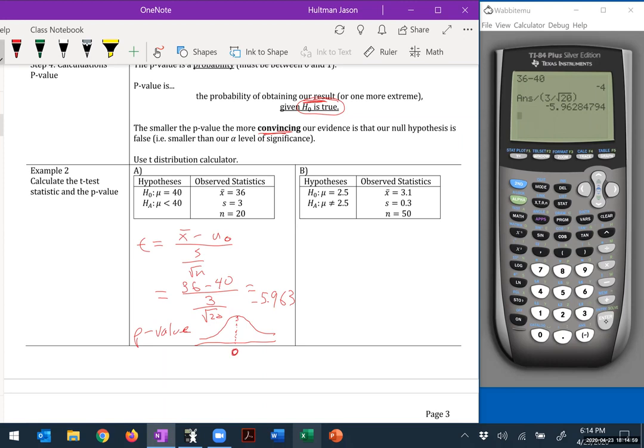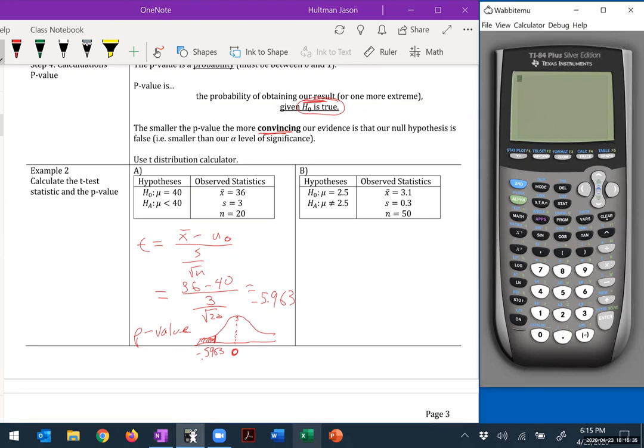We turn this into a standard t, and we want to be down here at negative 5.963. We want to be less than, so this is one-tailed. We want to know the probability of being less than or equal to negative 5.963.